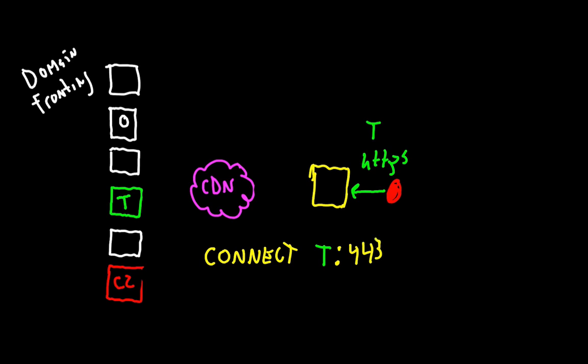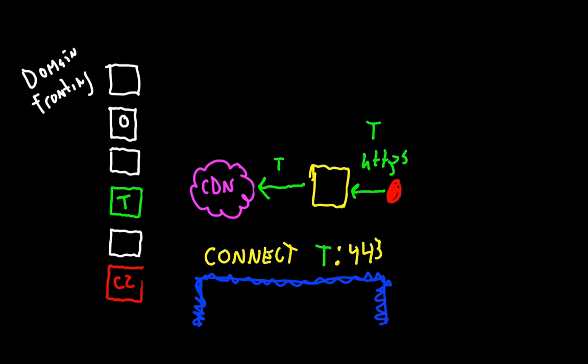And when that's done, what the proxy server will do is it will initiate its own connection to highly trustworthy and repeatable domain T, and it will act as a relay. It will basically connect to that, and it will just forward any traffic it receives from us and any responses it receives from the CDN.